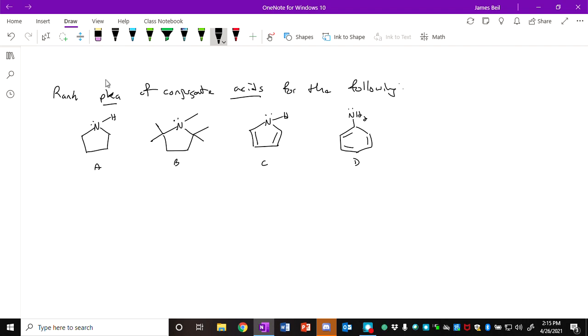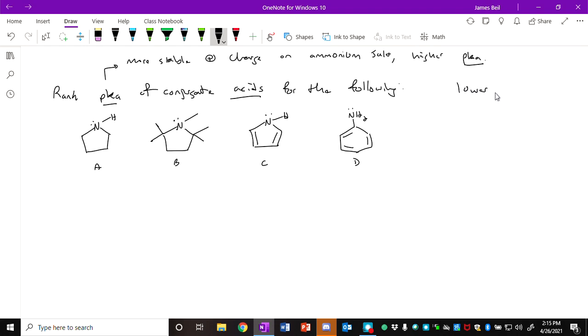Right, so we know the more stable the positive charge on these compounds, which are going to become ammonium salts, the higher the pKa.